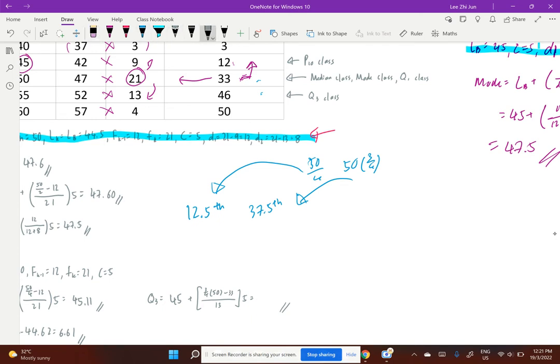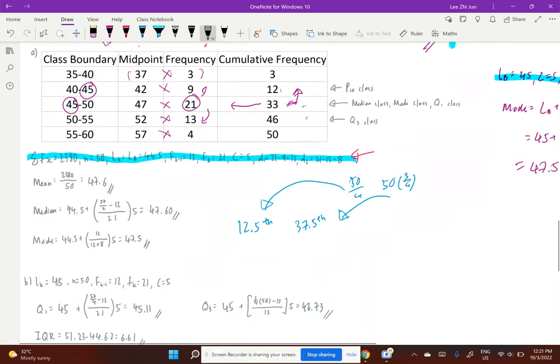So I will get 46.73. This is what I have.